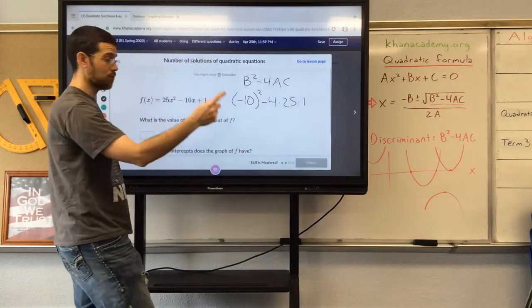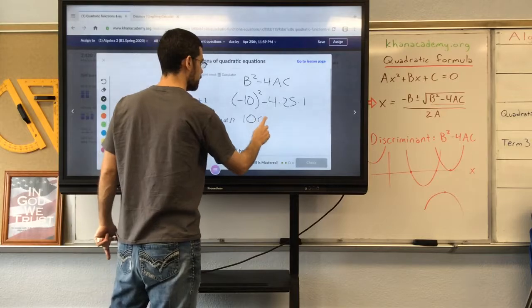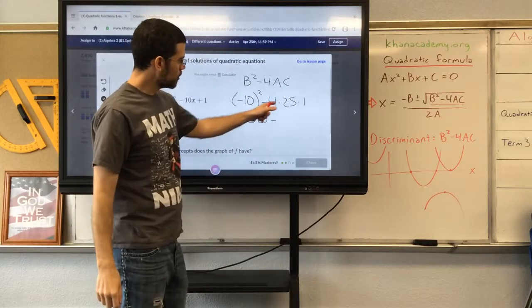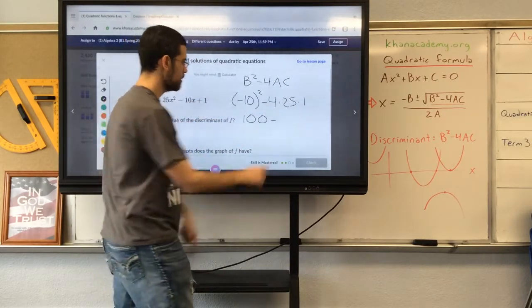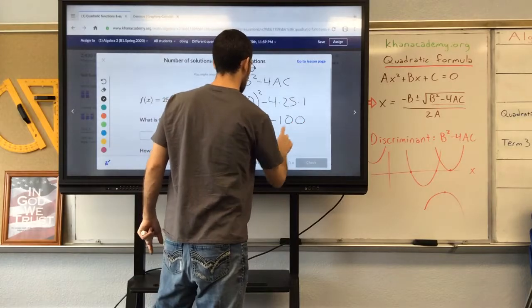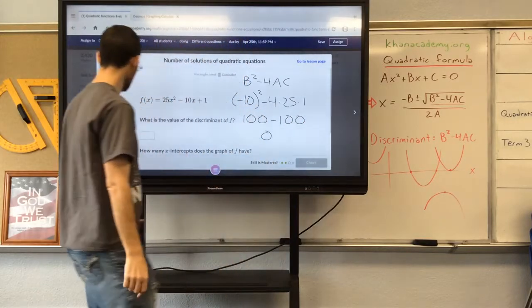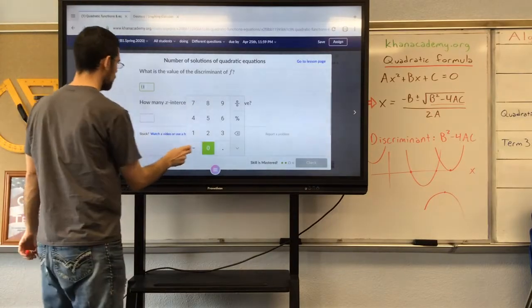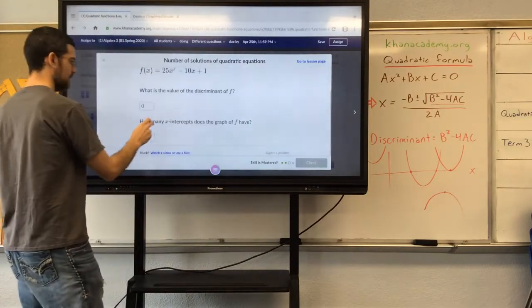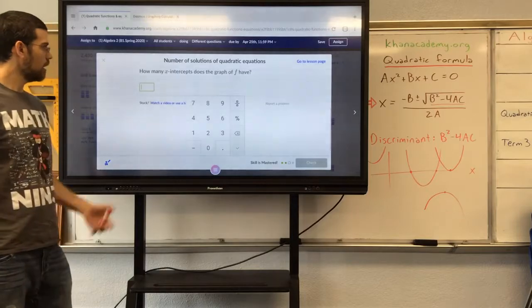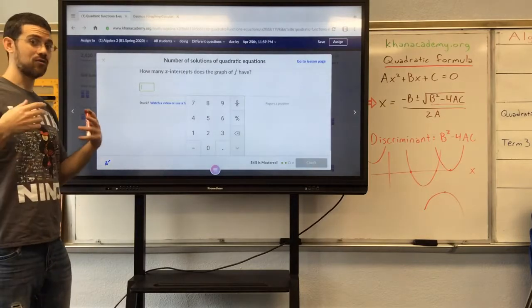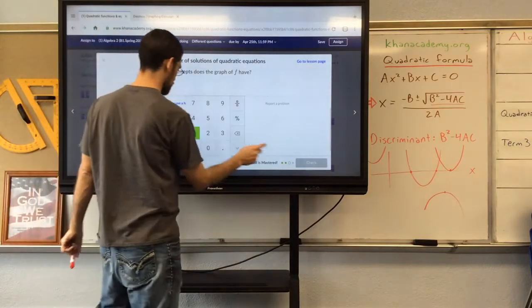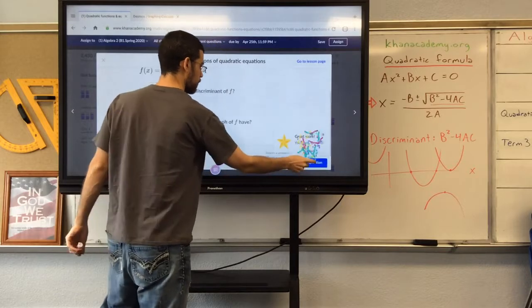So negative 10 squared is 100. 4 times 25 times 1 is 100. So the discriminant is 0. And if the discriminant is 0, we have exactly one x-intercept, or exactly one zero for the function.